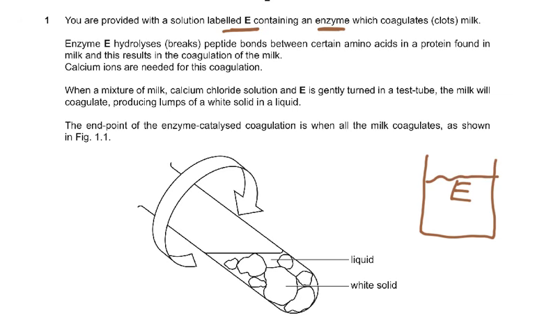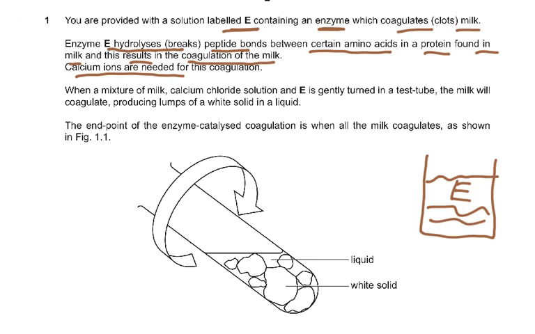So there is some sort of fluid in it, and that fluid contains an enzyme which coagulates milk. Now, enzyme E hydrolyzes, breaks peptide bonds between certain amino acids in a protein found in milk, and this results in the coagulation of milk. It means the clotting of milk. Calcium ions are needed for this coagulation, right?